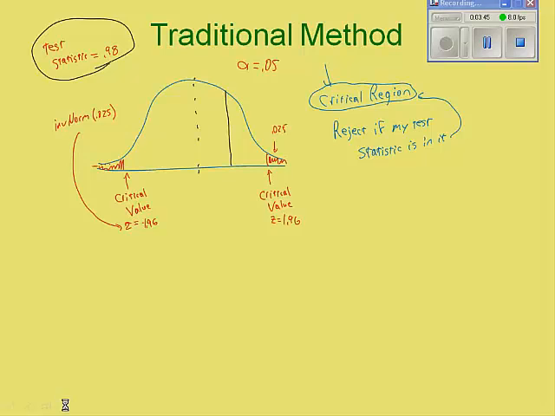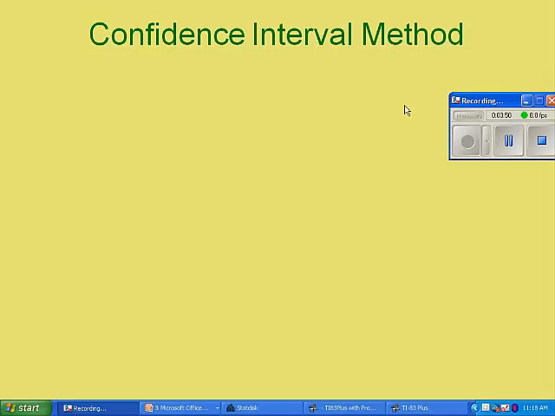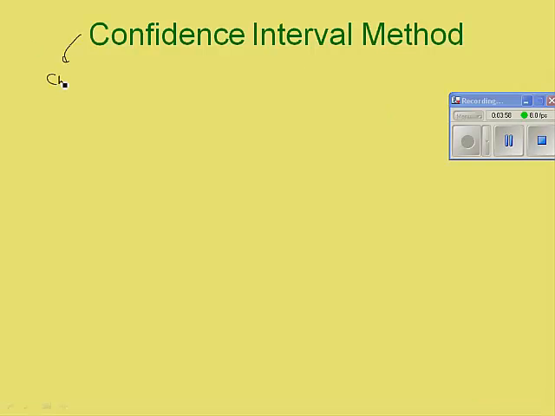One last approach. If I give you alpha, you could construct a confidence interval, right? This is what we did in Chapter 7. When alpha is 0.05, what kind of confidence interval are we constructing?